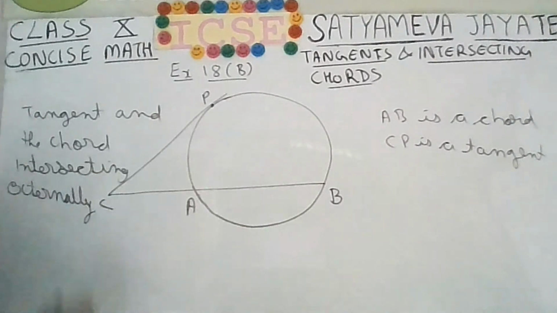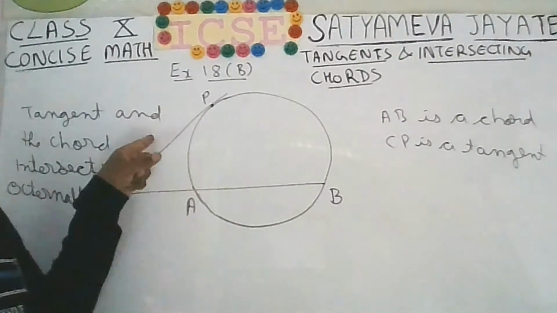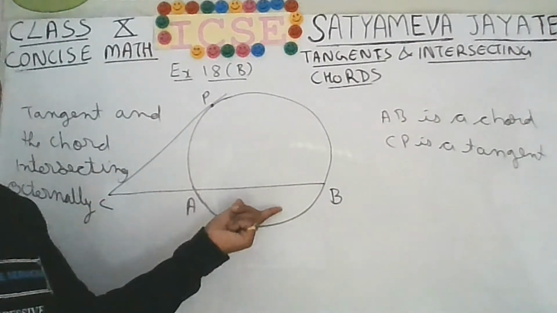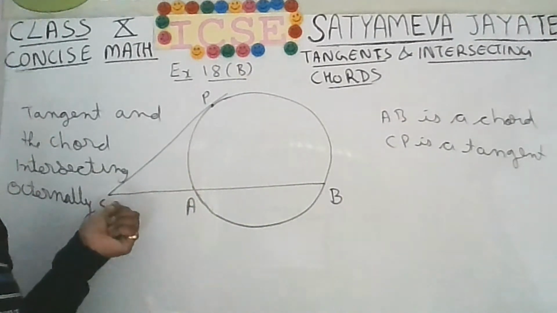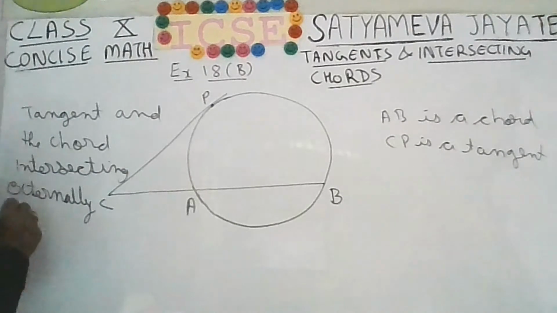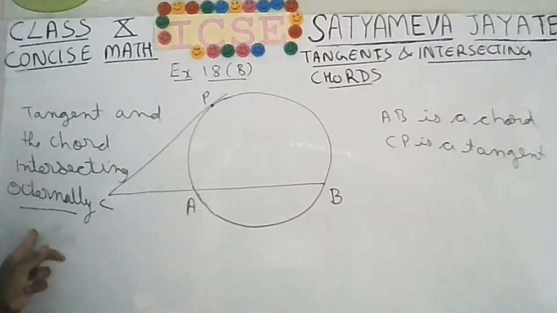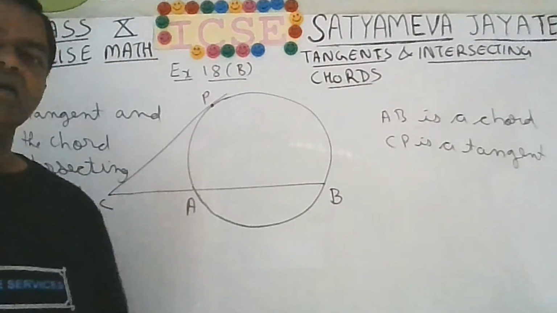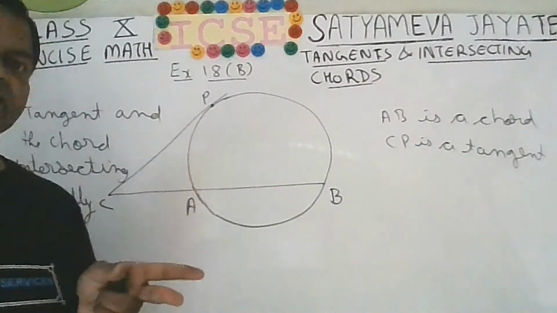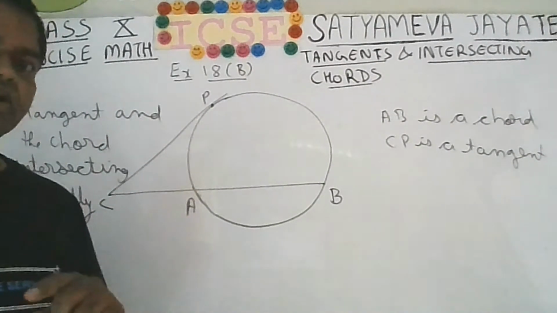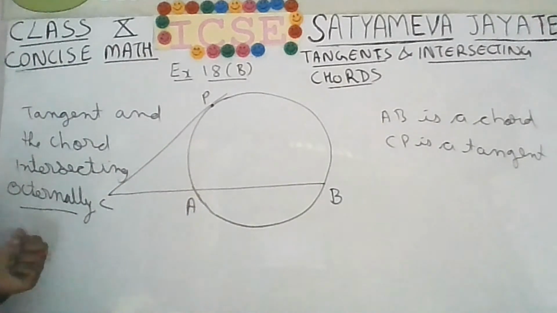In fact, if you have a tangent and a chord, and you want them to intersect at a point, then that point must always be external to the circle. Inside a circle, how can a tangent and a chord intersect? Inside a circle, two chords can intersect, but a tangent and chord will always intersect each other externally.